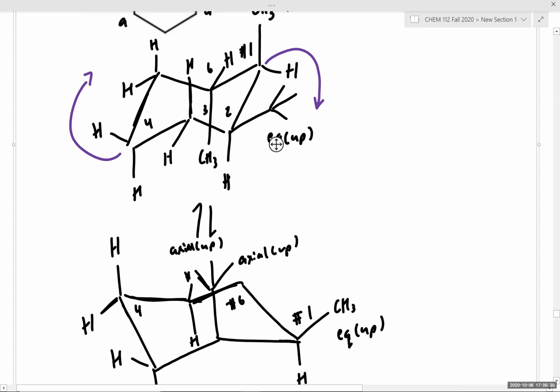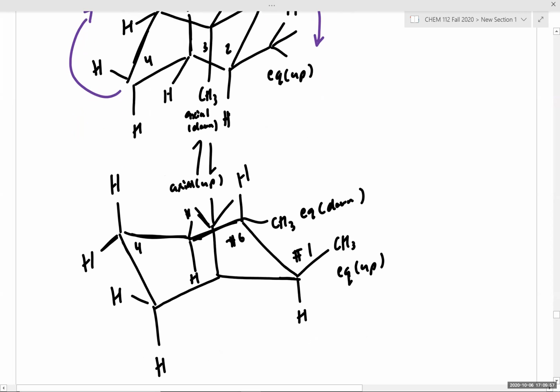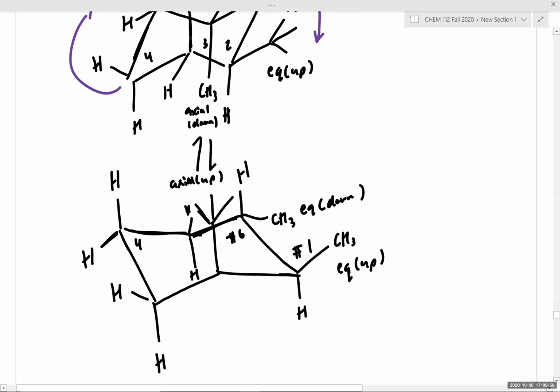Now at carbon number 6, our methyl group was previously axial pointing down. Now, rather than being axial pointing down, our methyl group is equatorial pointing down. Okay, so we've completed our ring flip, making sure to properly label our carbons.